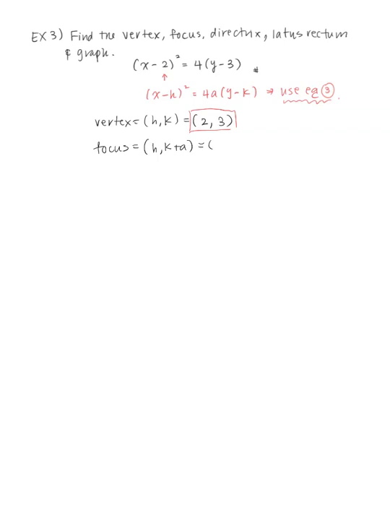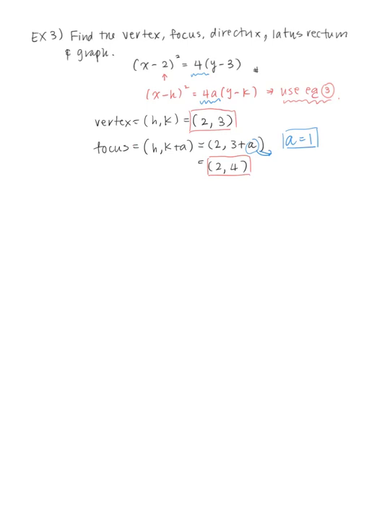Let me just write 2 comma and then 3 plus a. If I look at the equation, we're going to have 4 equal to 4 times a, so the value of a must be 1. With that said, this is going to be 2 comma, a is 1, so 2 comma 4 is going to be our focus.